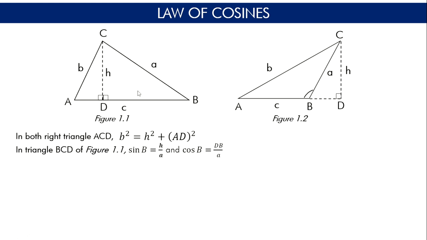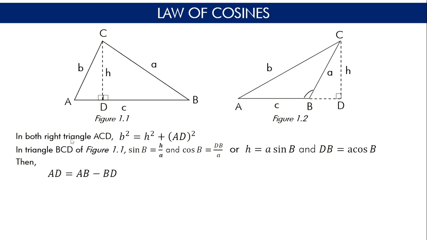And then its hypotenuse is a. So we have here the sine B and the cosine B. Let's cross multiply this, and we have the value of h, which is a sine B, and for DB, that is a cosine B. From this, let's manipulate the relation of AD to this side.